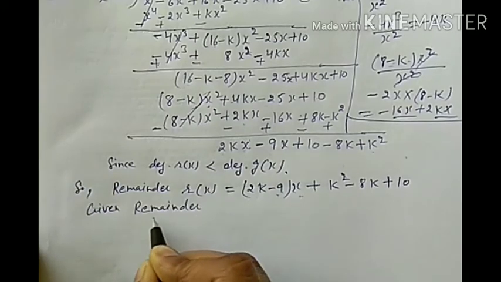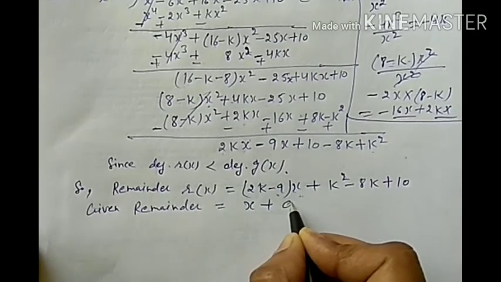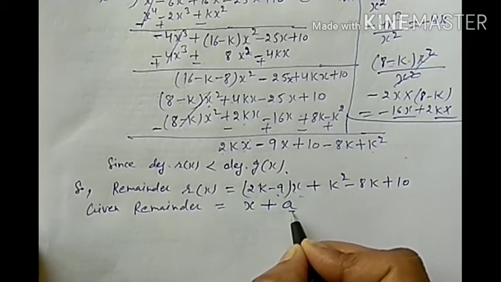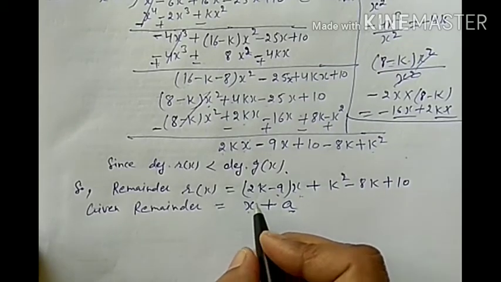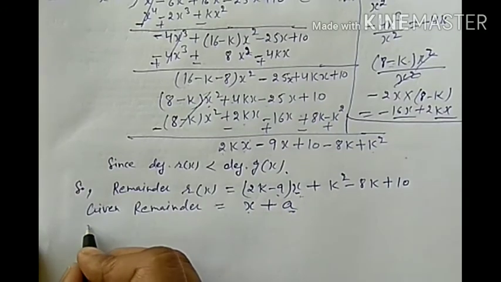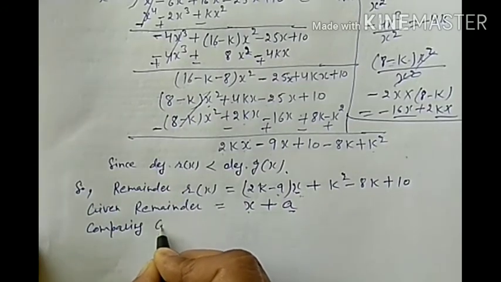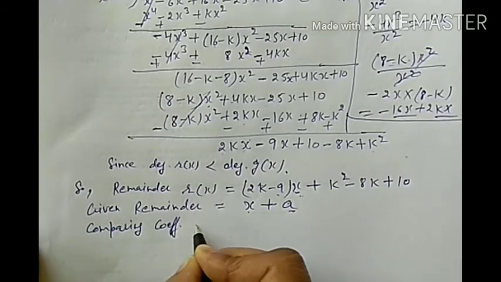In the problem the given remainder is equal to x plus a, where a is a constant, x also in our remainder x. So now we will compare the coefficient of x.